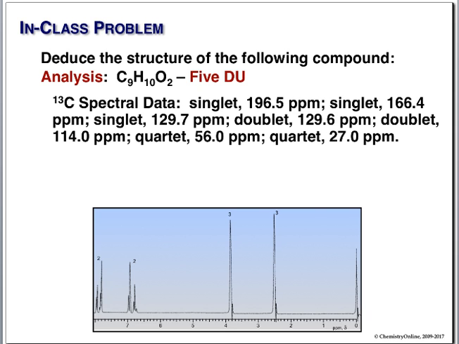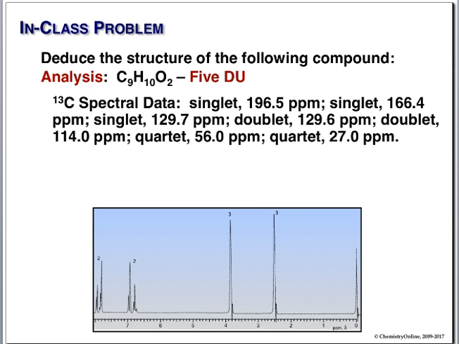All right, if we look at our C13 NMR, we have a singlet at 196. What is that? Well, it's carbonyl. Could be an aldehyde. Could be a ketone.